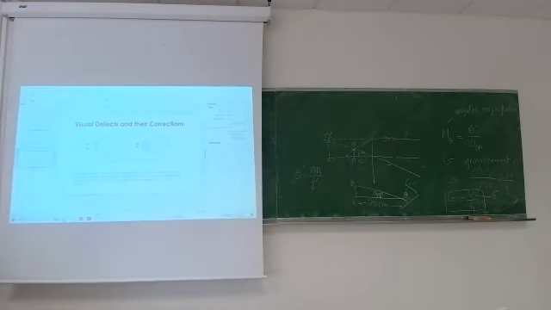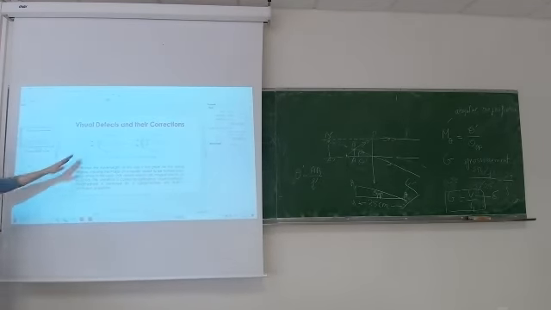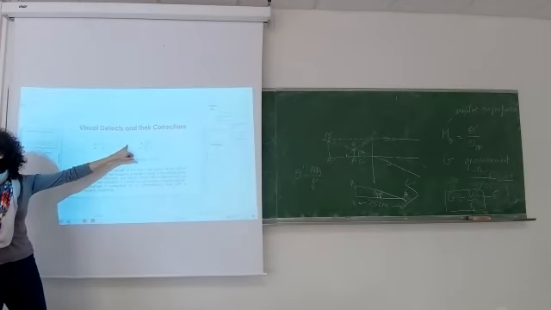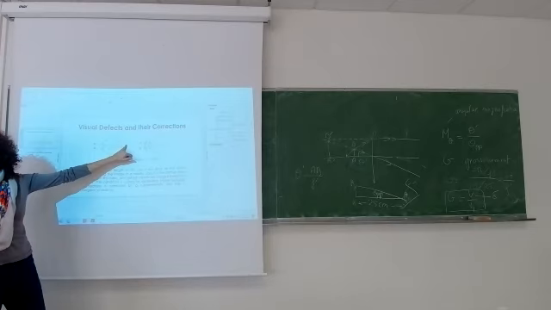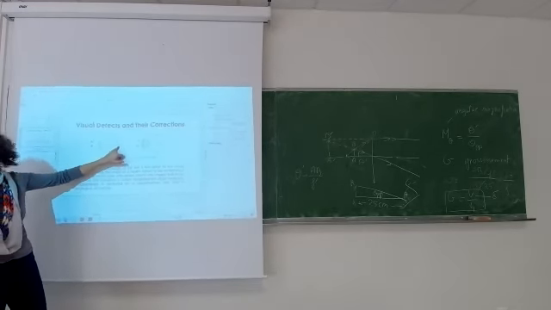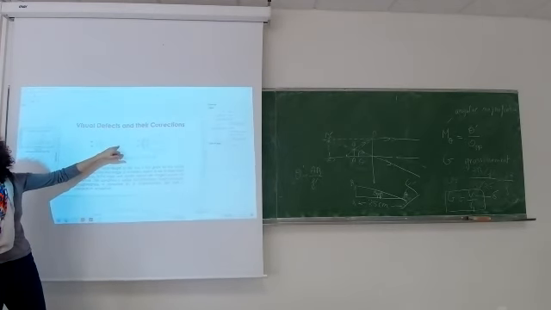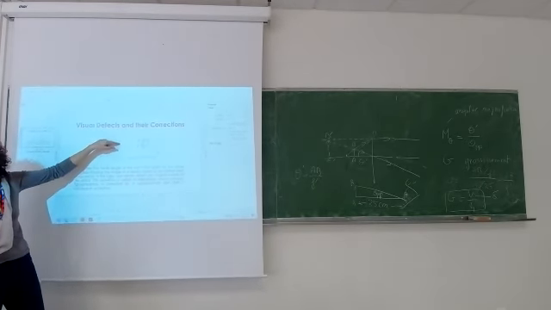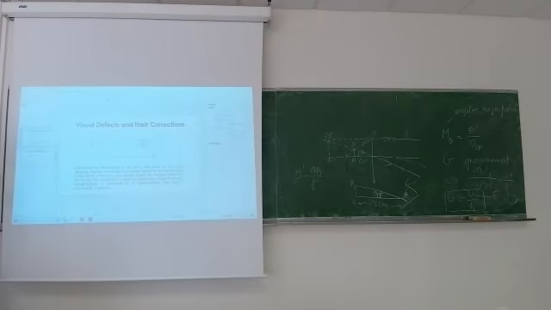Farsighted is on the other side of the retina: the image is behind the retina. So the image is not clear here. It's blurry because we got multiple points for one image. So we are in this case.